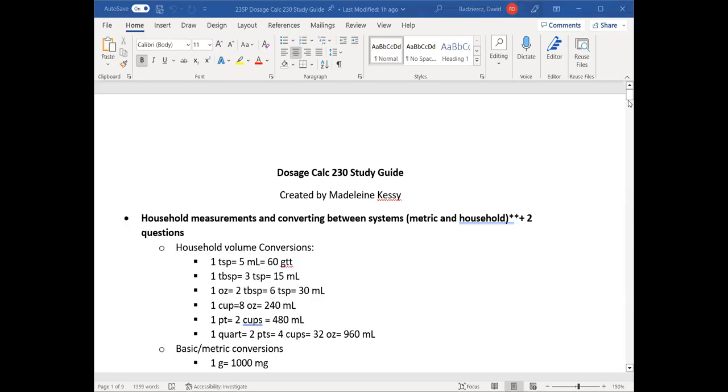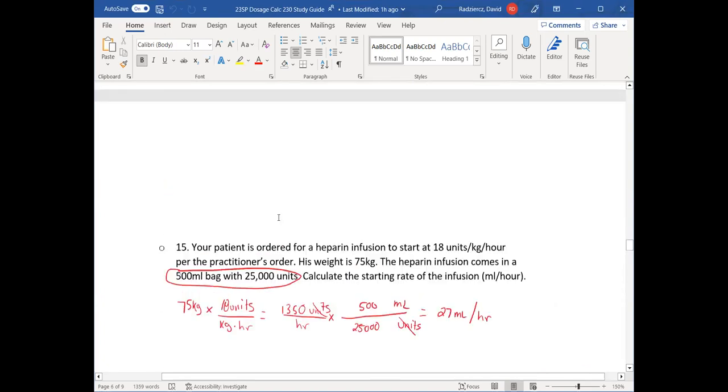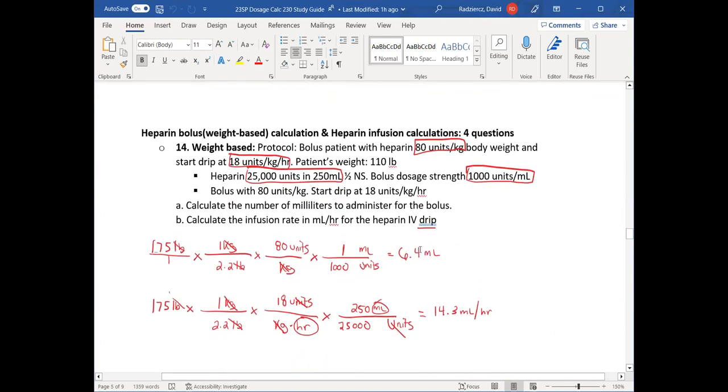When their heparin protocol is written, it's going to look more like this. Notice that everything's exactly the same, but basically they deleted all the extra stuff. I think this looks a little cleaner, but it's basically the same.